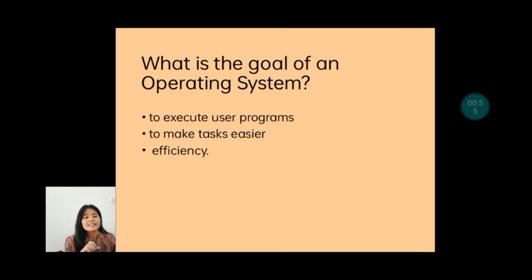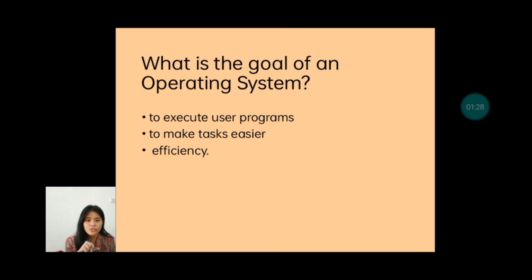So, what is the goal of an operating system? We have to execute user programs to make tasks easier and more efficient. The goal of an operating system is to provide a user-friendly and convenient environment. We know that it is not compulsory to use an operating system, but things become harder when the user has to perform all the process scheduling and convert user code into machine code, which is a very difficult task.